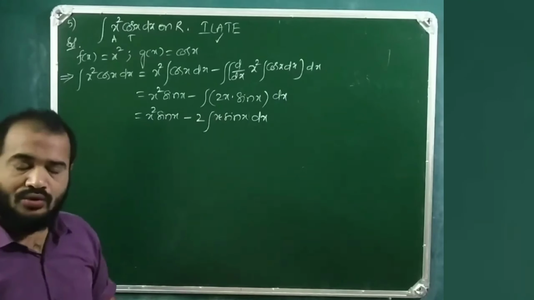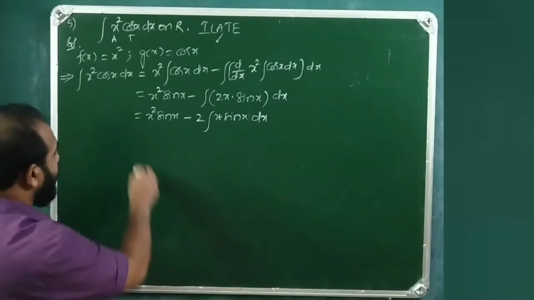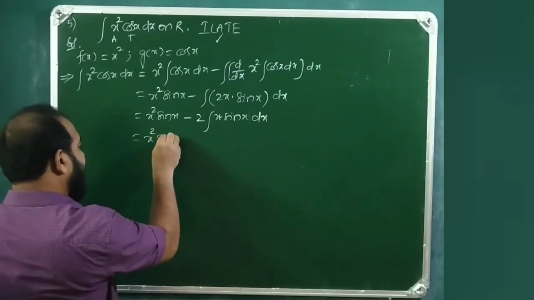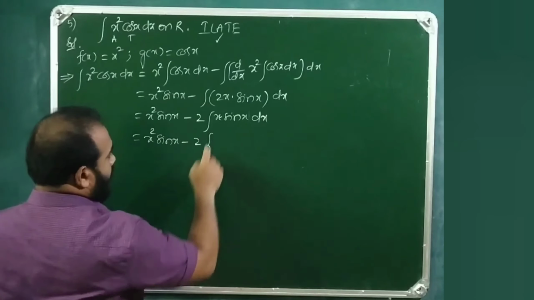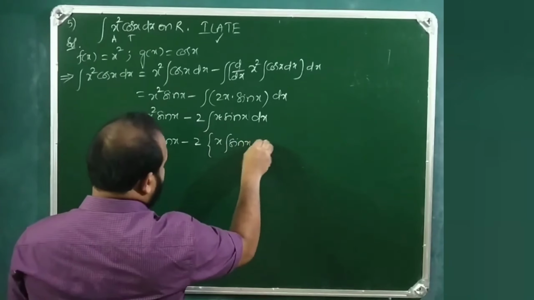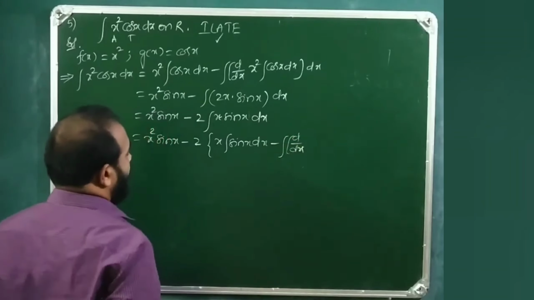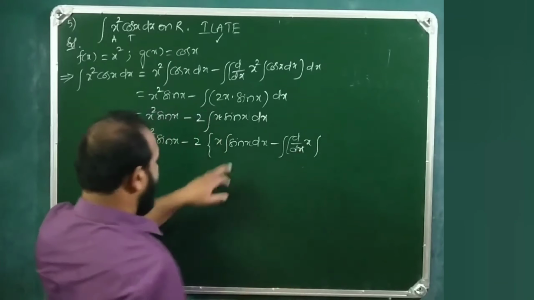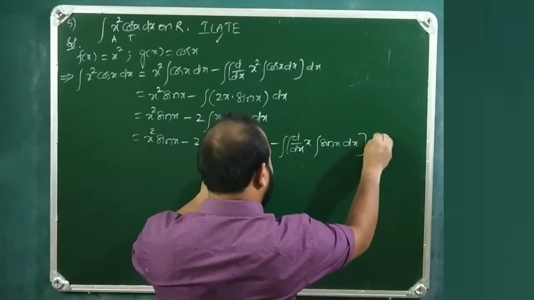Therefore, again we need to apply integration by parts. So x square sin x minus 2 into, the first function is x here, first function into integral of second function dx, minus integral of d by dx of first function into integral of second function dx, whole dx.